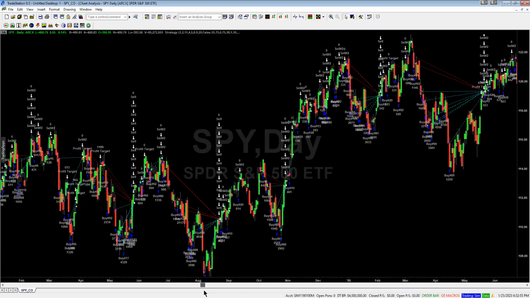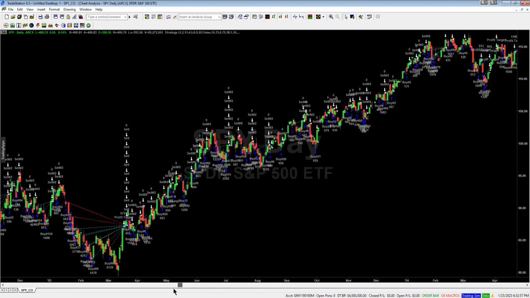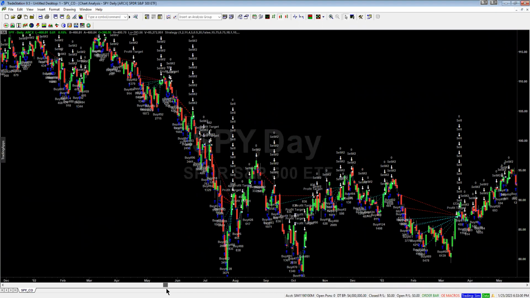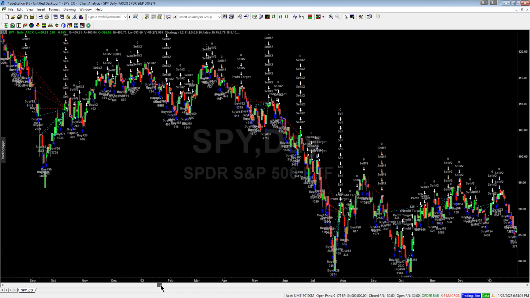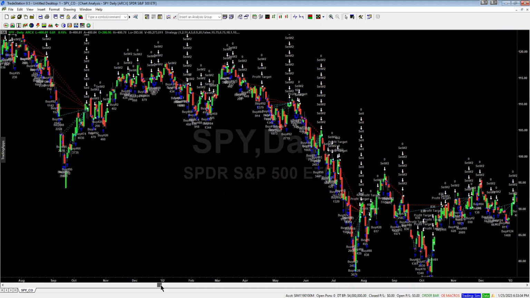And then the other thing I wanted to tell you: here's another downtrend in 2002, 2003, 2001 as well, technically. It's very important that we include as much data as possible in our model.